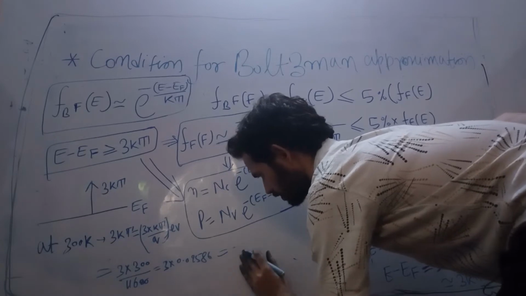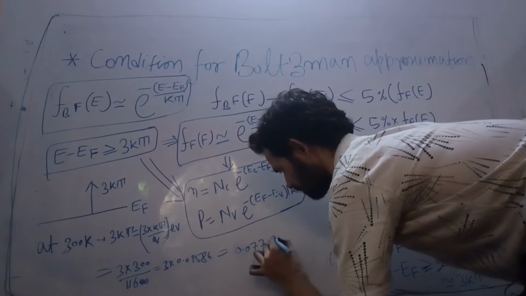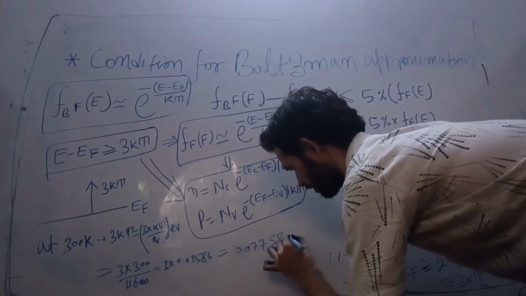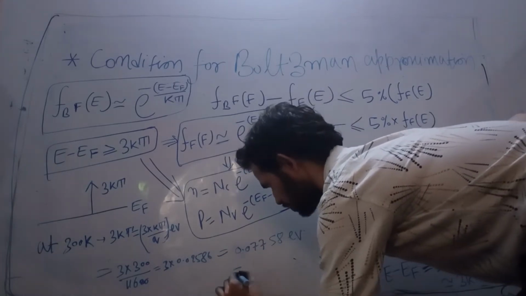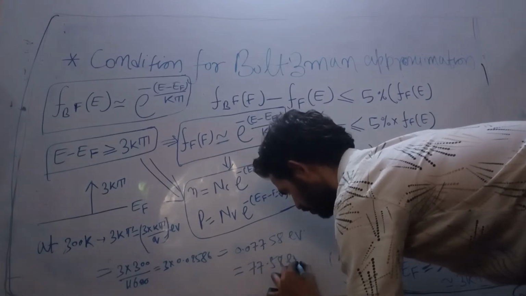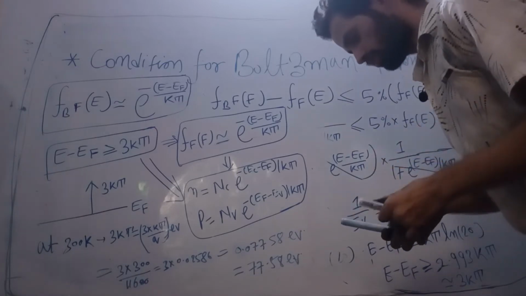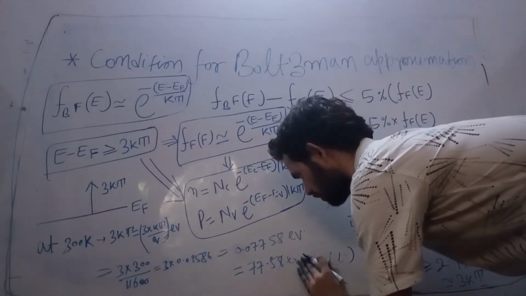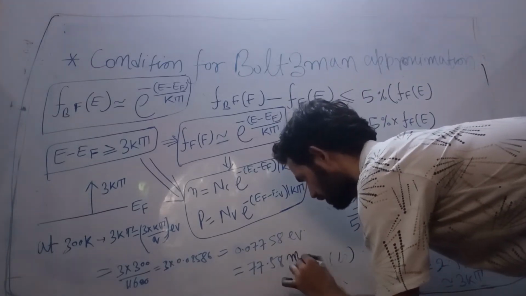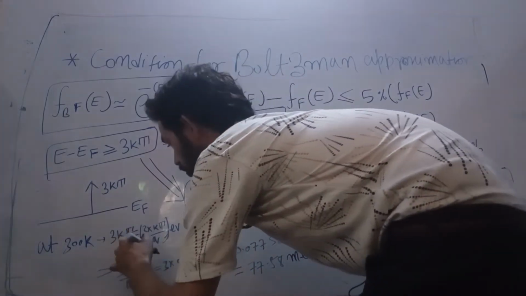which is nothing but 0.07758 electron volt, which means 77.58 milli electron volt at room temperature.